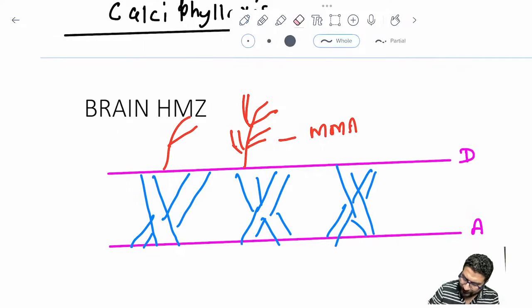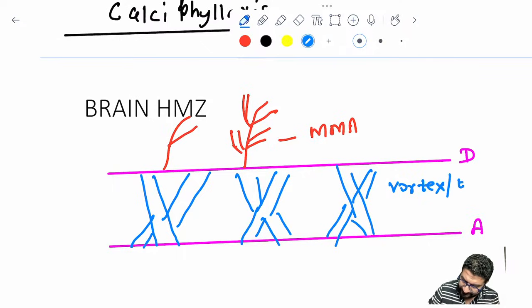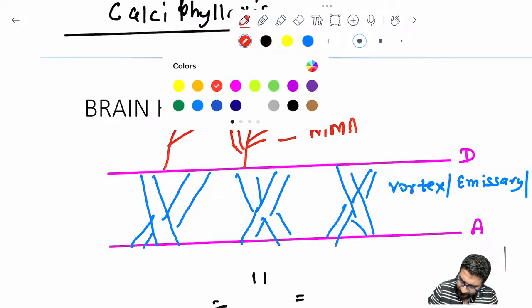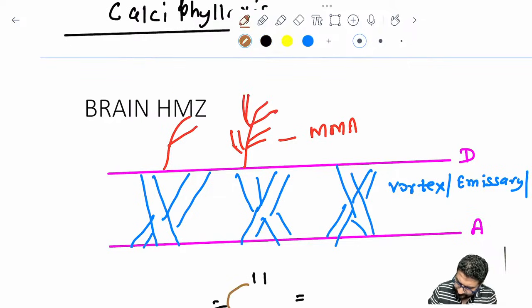This plexus of veins we call the vortex vein, or you can say emissary vein, or we call them bridging veins. And here you can see a circle. This circle we call the circle of Willis.